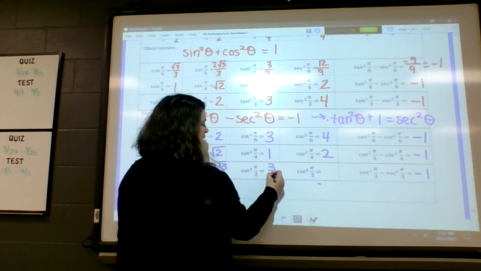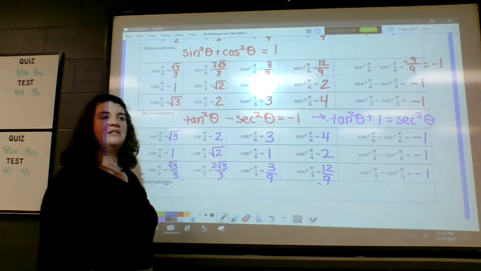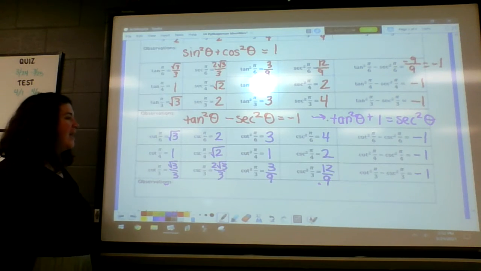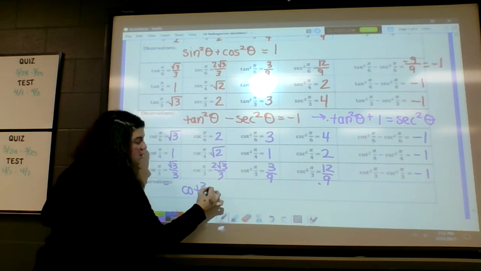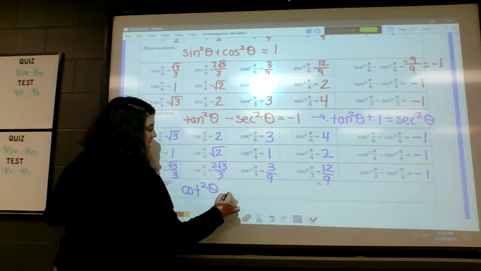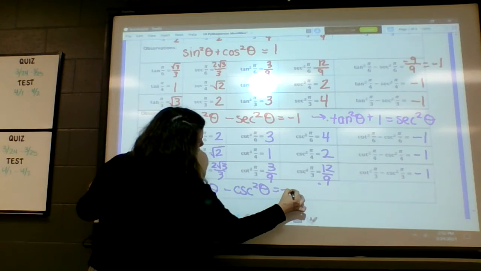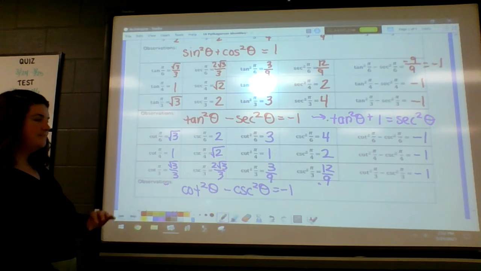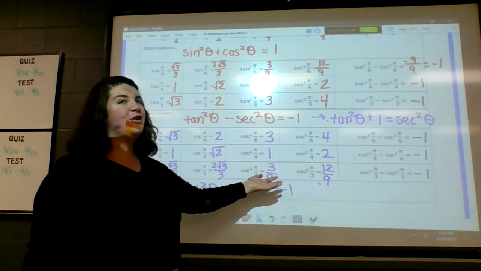All right, so this was 3 over 9 and 12 over 9. And when you subtract, you still get -9 over 9, which is -1. So the relationship here is that the cotangent squared of theta minus the cosecant squared of theta is equal to -1. Now, just like the last one, this is not the standard way to write this.